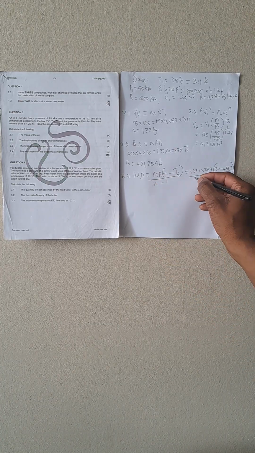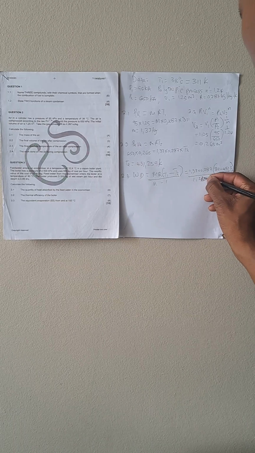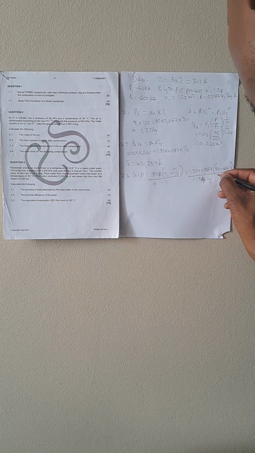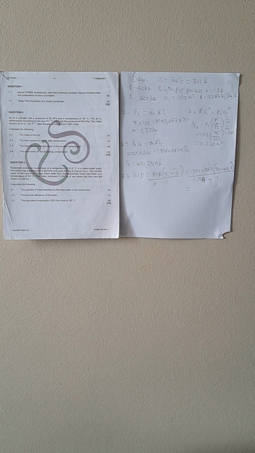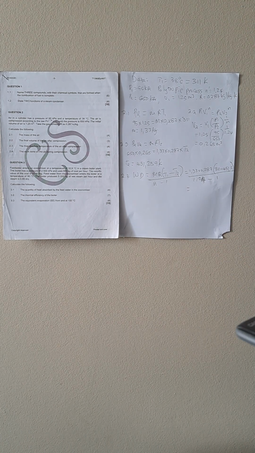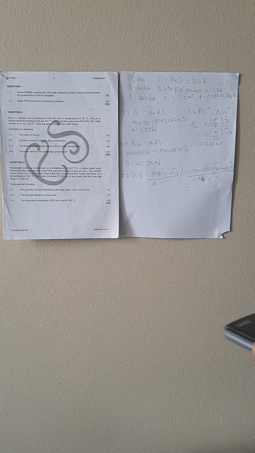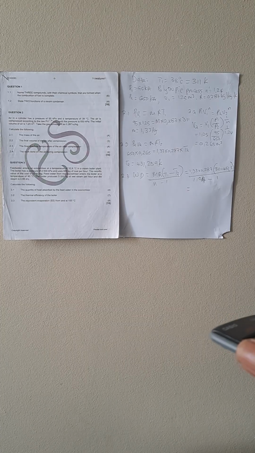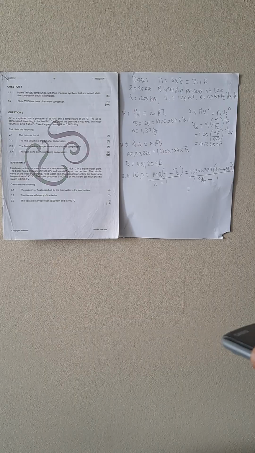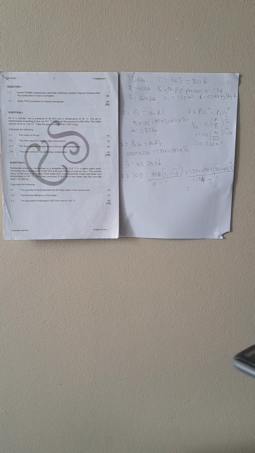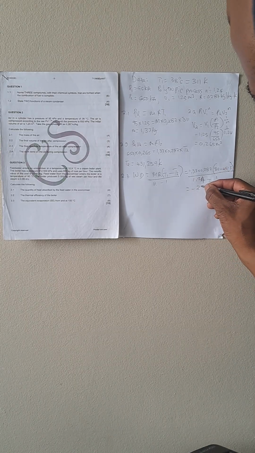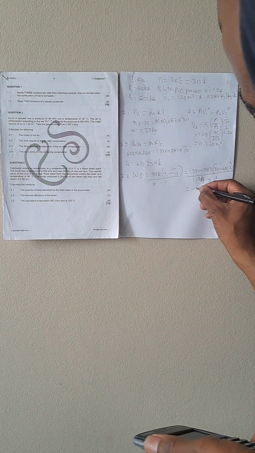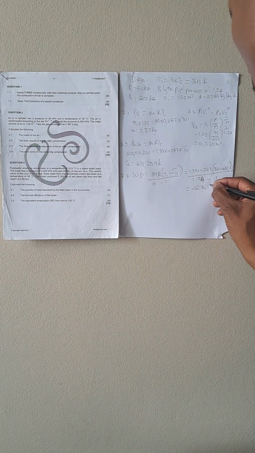Our n is 1.24, minus 1. So let's substitute: 1.33 times 0.287 times 311 minus 451.3 over 1.24 minus 1. I'm getting minus 223.141 kilojoules.